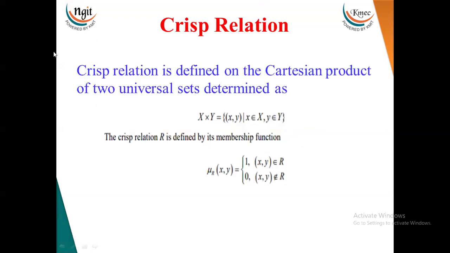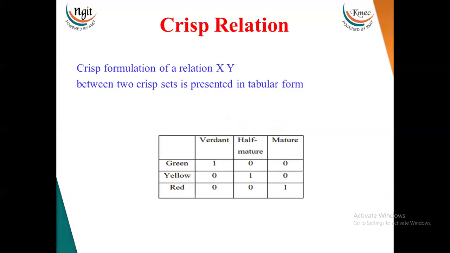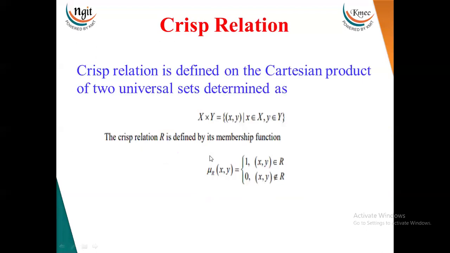Yeah. So a crisp relation is defined as a Cartesian product of two universal sets. So what we have seen here, I'm going back to remind you. Here, if green equals 1, it is verdant. So I can say that if green value equals y, it belongs to verdant. The same thing I'm mentioning in the relationship: it is written as x cross y, where x comma y, x belongs to X and y belongs to Y. Now, how am I relating? mu R is the relation between x comma y.